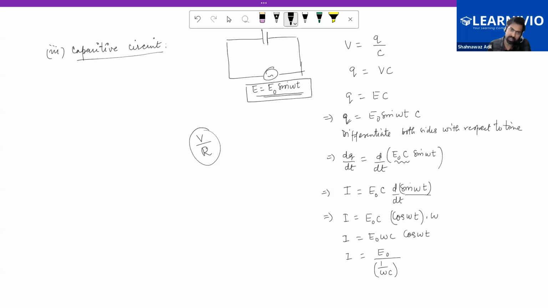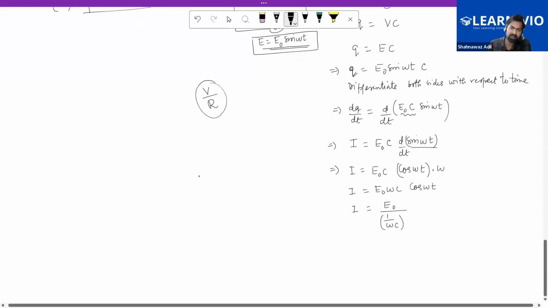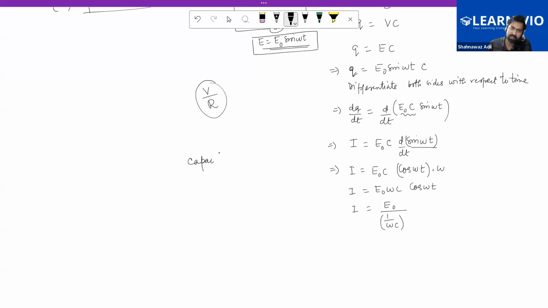So if I compare this, I will get the effective or capacitive reactance. Capacitive reactance is Xc, and this is 1 over omega C, if I compare this with R. And then cos omega t I can write as sine omega t plus pi by 2, right?